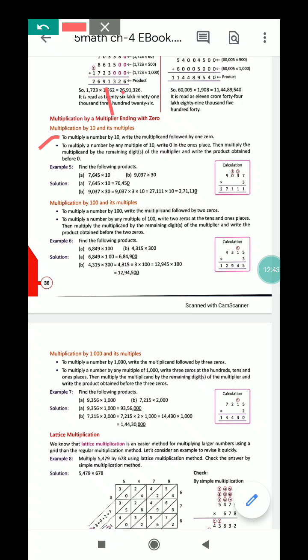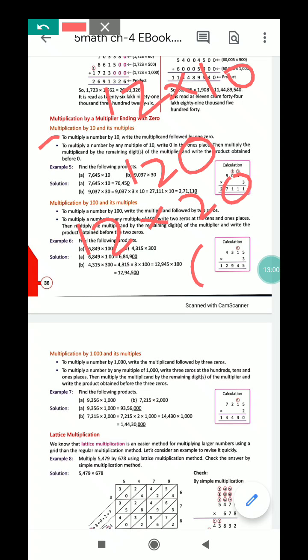Suppose 12 into 10. So what we will write? 12 followed by 0, that means 120. Nothing else. 12 into 20. So what we will write? First of all, we will write 0, then calculating this, 2 twos are 4 and 2 ones are 2, 240.